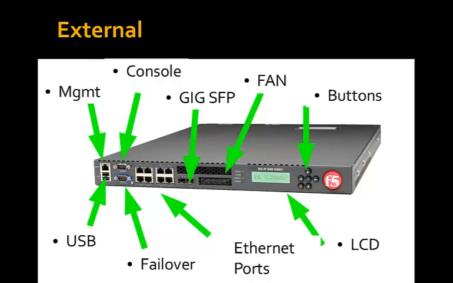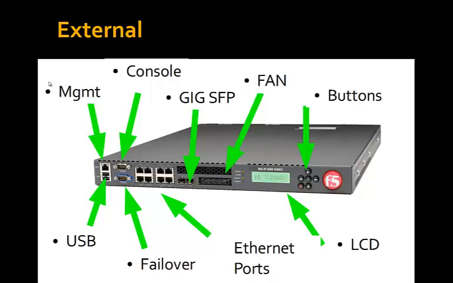You also have your HA cable, your high availability cable, which will allow for failover for your F5. If you run a single setup, that's where you would ignore that. If you have a pair of F5s, you would connect them together using this failover cable.